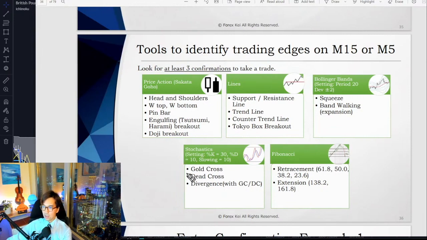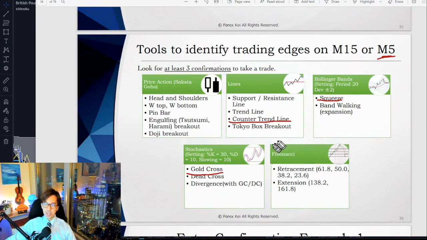Let's say I take a gold cross in the 5-minute chart. Let's say I take the stochastics gold cross, and then I have to look for 2 other confirmations. The other confirmations could be a Bollinger Band squeeze and also, let's say, a trend line breakout. If I see 3 confirmations like this, then I simply take the trade.